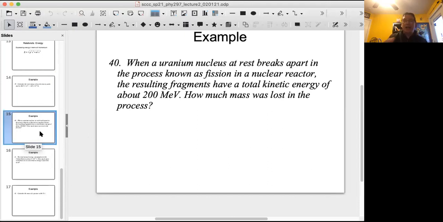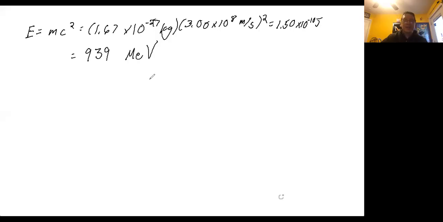And so you want to convert the 200 mega electron volts from energy to mass. So again, E is equal to mc squared. So m is equal to the energy divided by c squared.